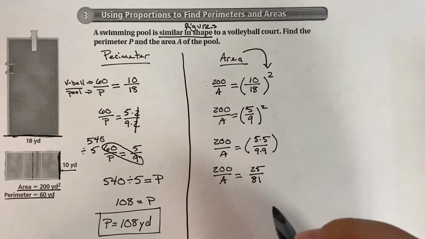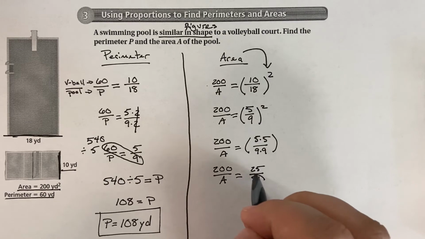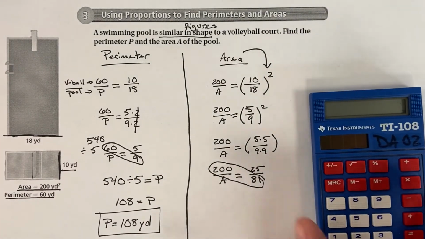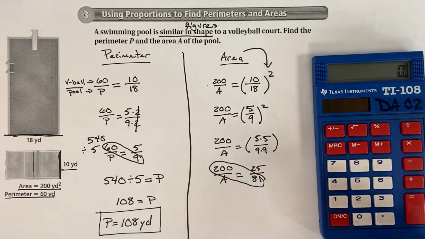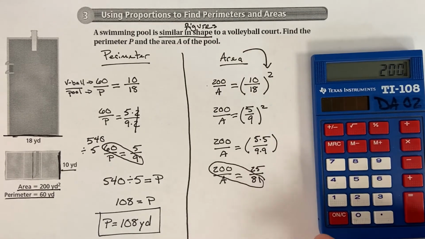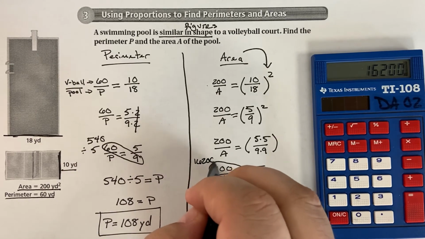And now I can go ahead and do my cross multiplication, which is going to be a rather large number, so I'm going to bring my calculator back, and you will be able to see that what I'm doing is I'm taking 81 times 200. I'm going to get my answer, 16,200.